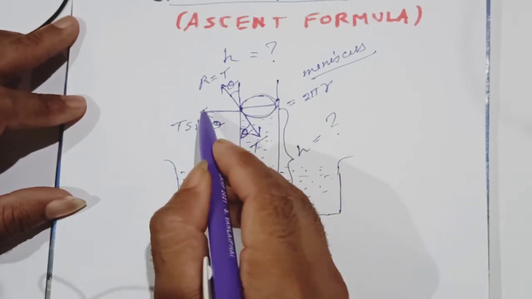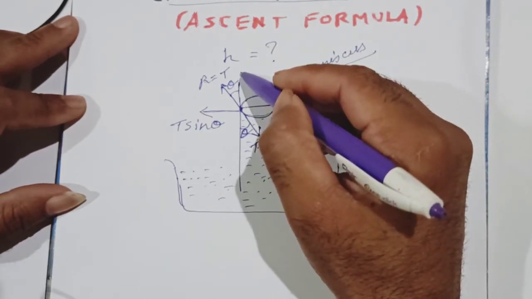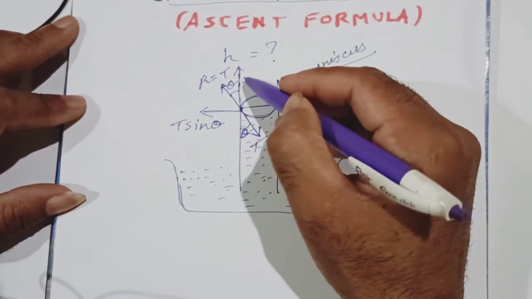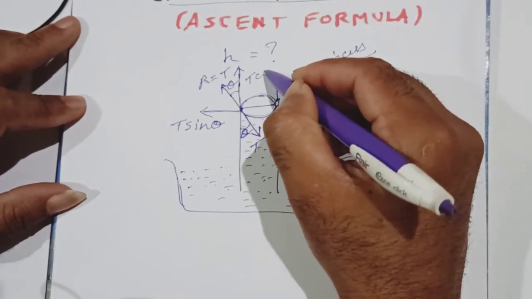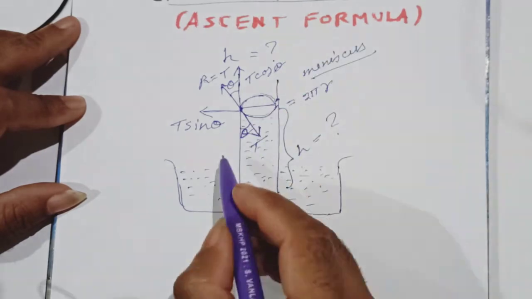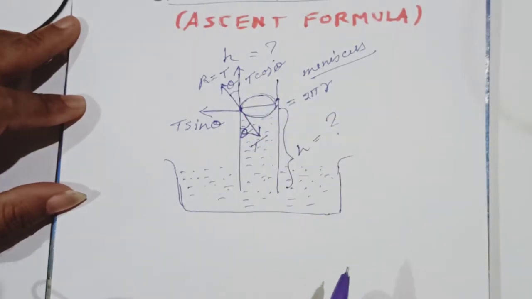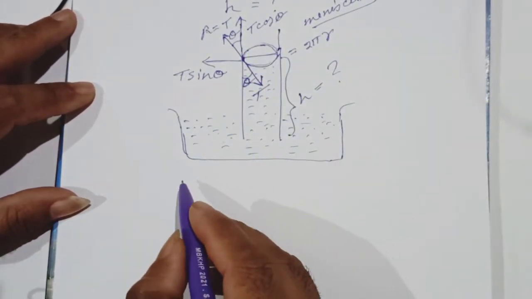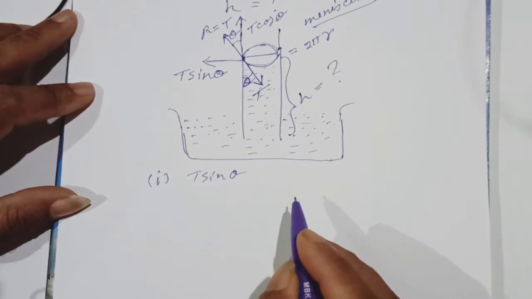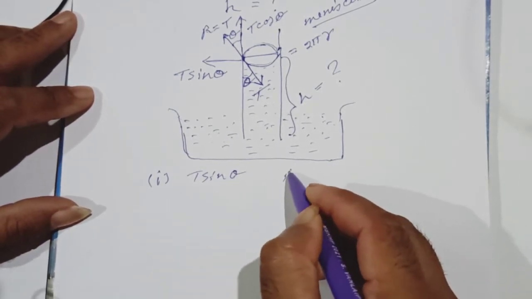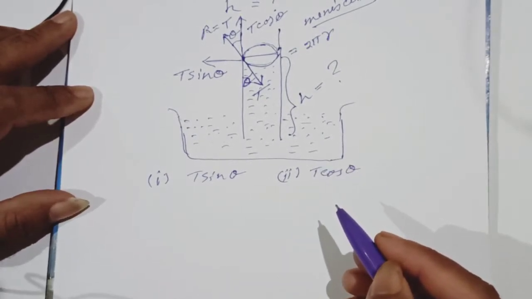And another component is T cos theta per unit length, along vertical in upward direction. So we resolve it into two components.